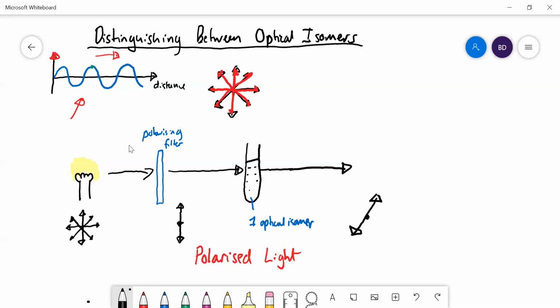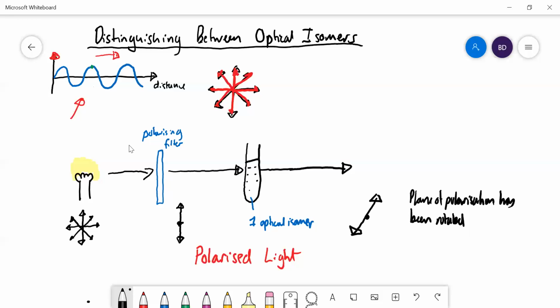I'll write that down there: the plane of polarization has been rotated. If the molecule doesn't exist as two optical isomers, that won't happen.